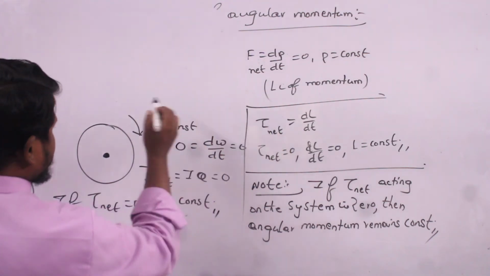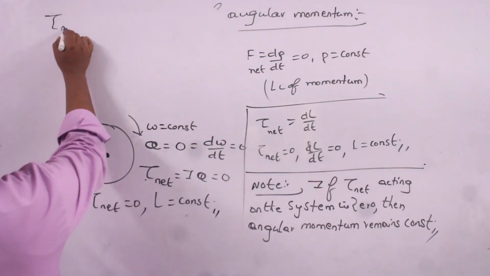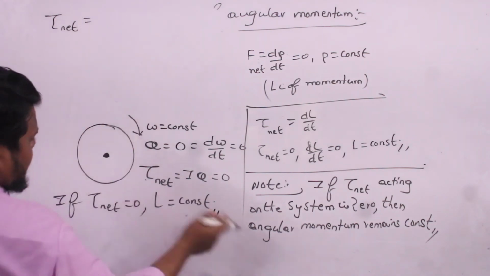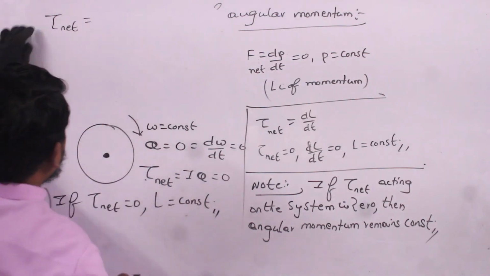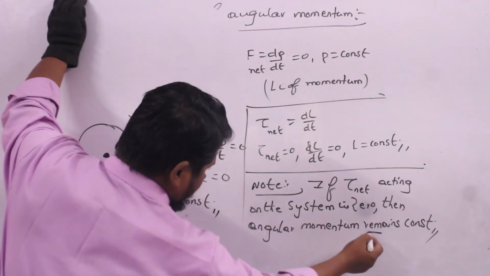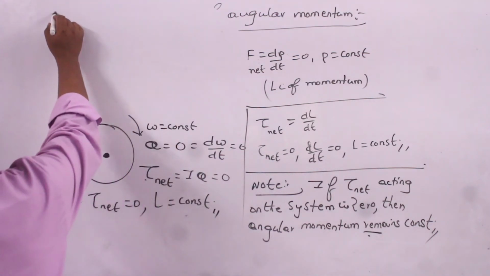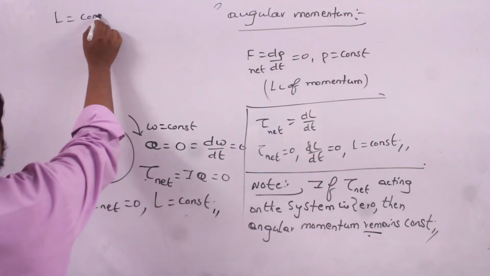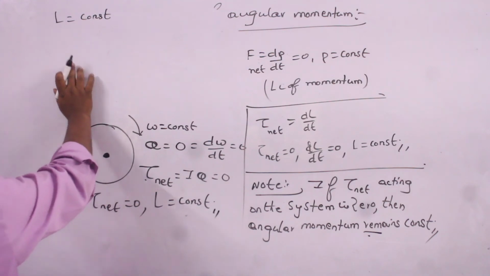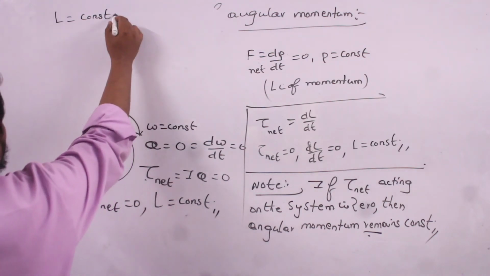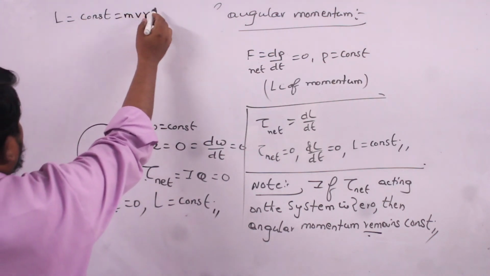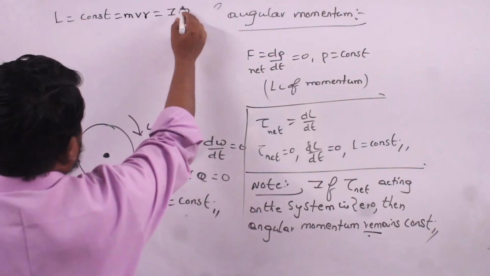Now let us take this equation once again. Angular momentum is a constant, so I have written L is a constant. What is the equation of L? mvr is one formula, I into omega is also one formula.